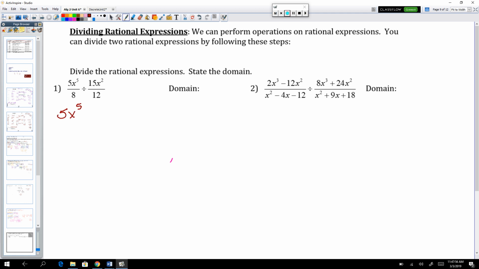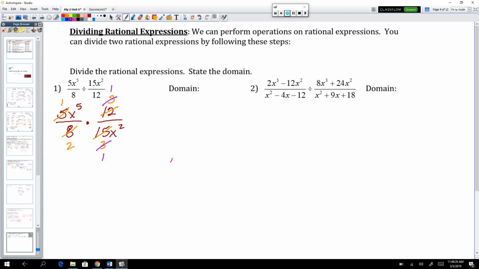And so let's write this as 5x to the 5th over 8 times 12 over 15x squared. And now we can start canceling. The 12 and the 8 turn into a 3 and a 2. The 5 and the 15 turn into a 3 and a 1. This 3 and 3 can turn into a 1 and a 1.